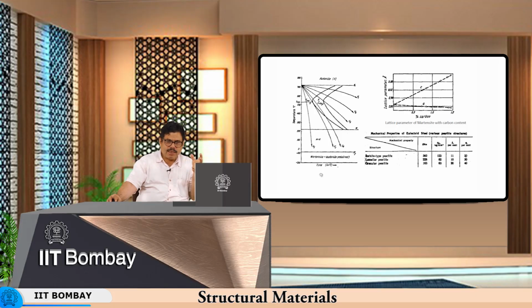Typically, road rollers use this kind of principle. At the time of fixing the outer rim onto the road roller, the material is soft because it is done at a very high temperature. It is in the austenitic phase, and it cools to room temperature still in the austenitic phase.